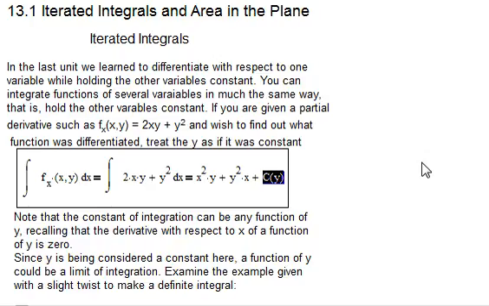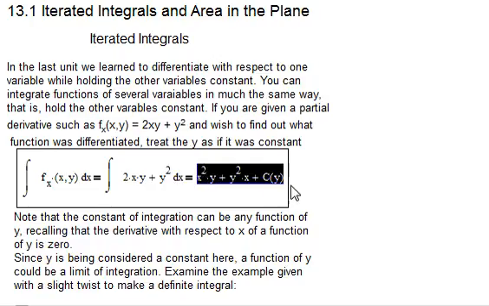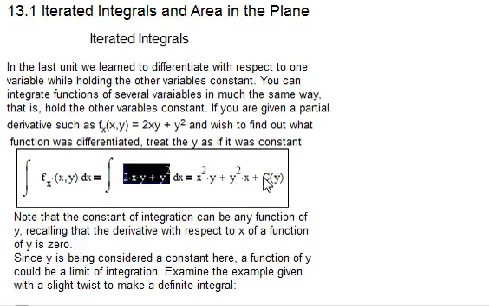So instead of calling it c, a constant, I'm calling it c of y, meaning that could be any function of y, because now if you differentiated this function with respect to x, you get 2xy, the integrand, plus y squared, plus 0 if we differentiate with respect to x. So we do in fact get our integrand, whatever this function of y is. So that's something to be noted.